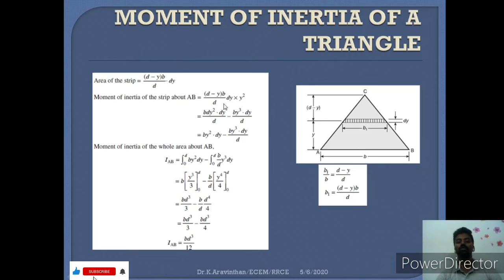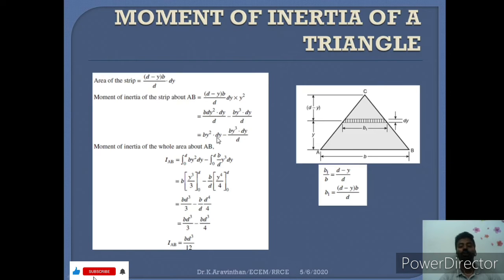The area is substituted here and y square. So if you simplify, after multiplying the components inside, you will be getting by square into dy minus by cube into dy by d. So this is the area into distance square simplification.